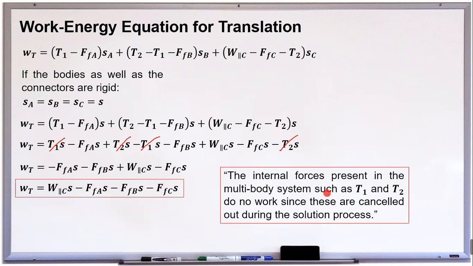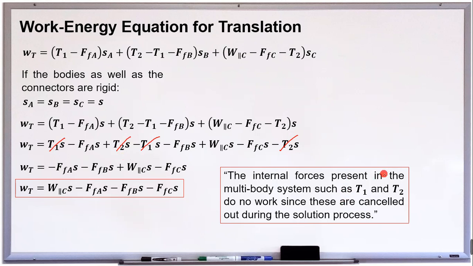Now, what we can observe as we derive its formula is that the internal forces present in the multi-body system, such as the tension T1 and T2, do no work since these are cancelled out during the solution process. So next time, if you meet a multi-body system with connectors, do not include that one in your calculation for the work and energy equation, because if you refer to our derivation, we have just noticed that the internal forces such as the tension that exist on any connectors will be cancelled out.